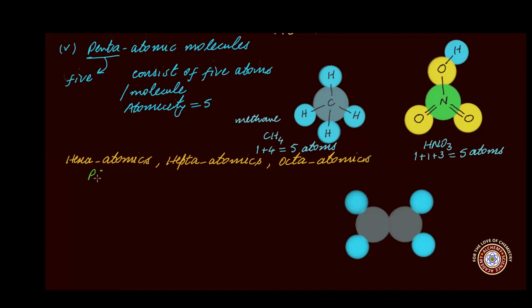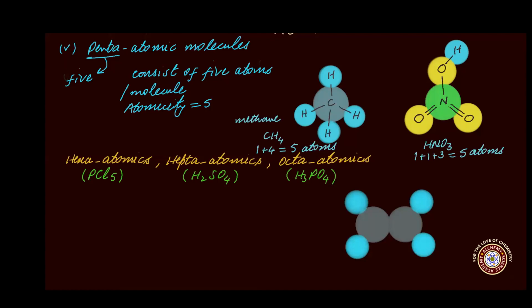For example, phosphorus pentachloride is an example of a hexaatomic molecule. Sulfuric acid, which is also called the king of chemicals, is an example of heptaatomic molecule since its atomicity is 7. Orthophosphoric acid is an example of an octaatomic molecule.